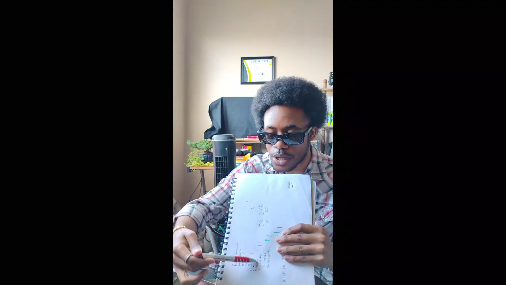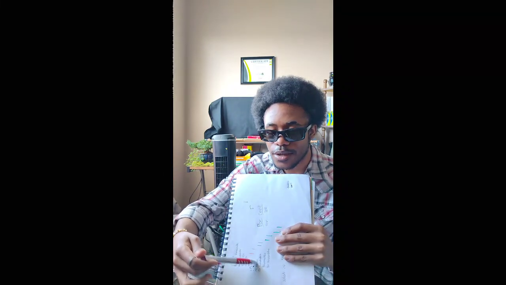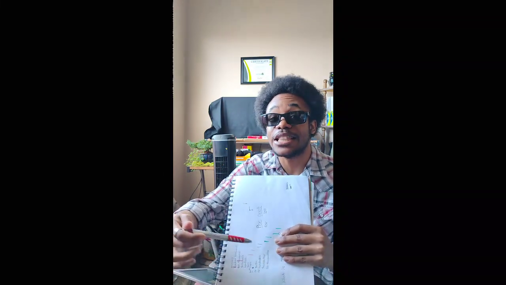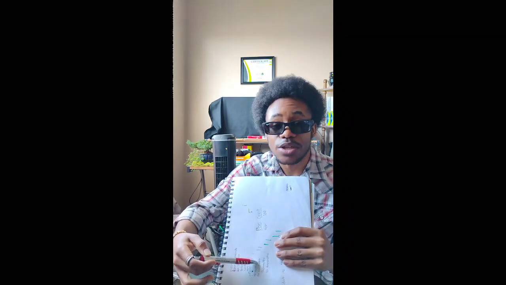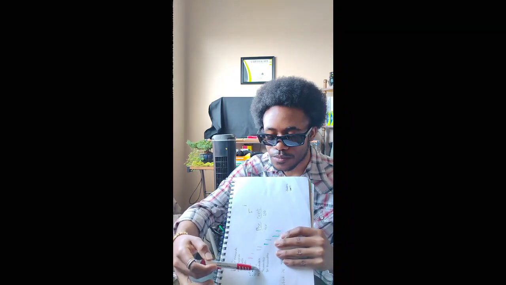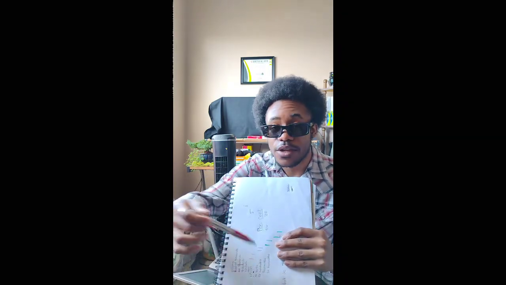It's 1 over 100. It's in the hundredths place, not hundreds. It's on the right side of the decimal point, okay?